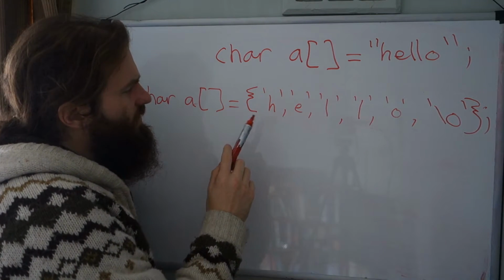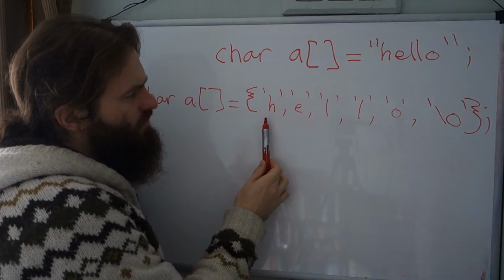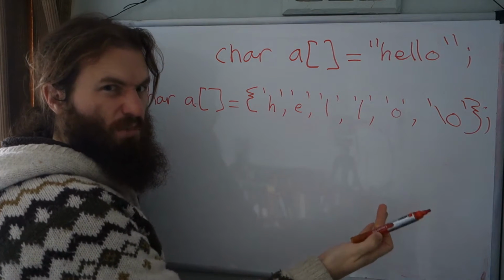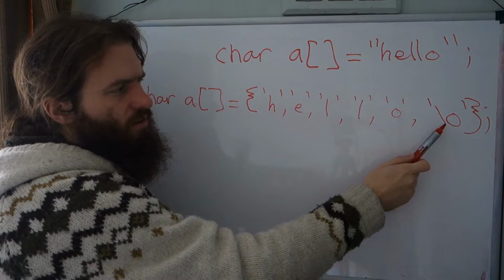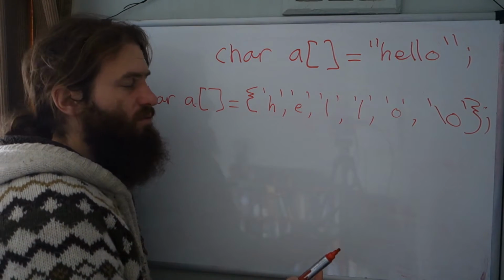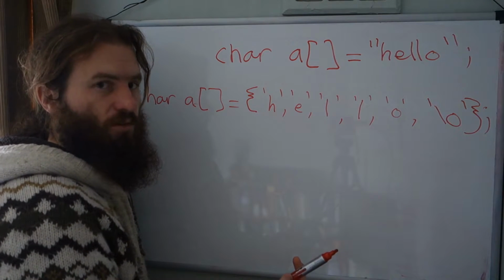So this is a character array that has the following characters in it. It's got 5 characters for the main part of our string, and then it's got a null terminating character. That is just the byte 0, the binary sequence 0, 0, 0, 0, 0, 0, 0, 0.